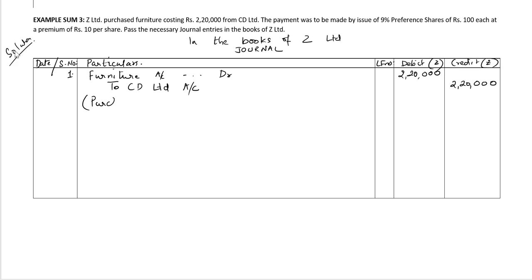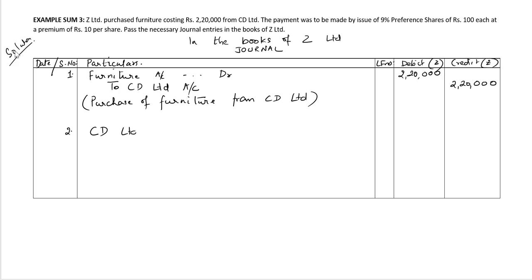Narration: purchase of furniture from CD Limited. The second entry is for the issue of shares to CD Limited.